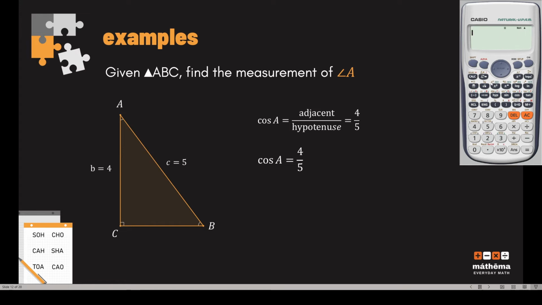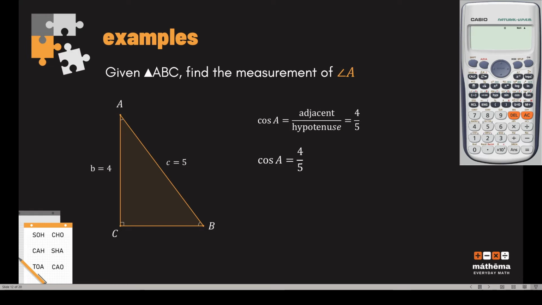Look at this part. Above sine, we can see sine exponent -1, or the inverse of sine. Above cosine, we have cosine -1, and then tangent -1. Those are the inverses of our trig ratios.